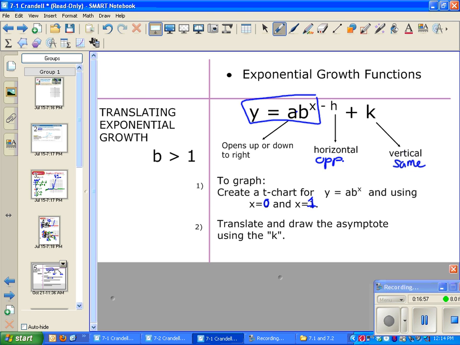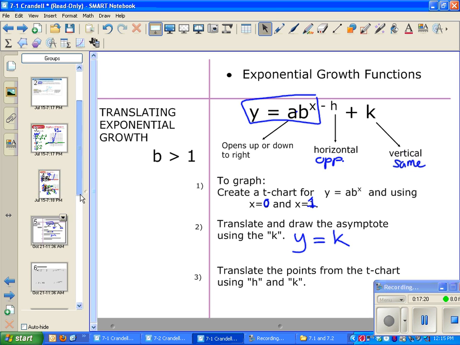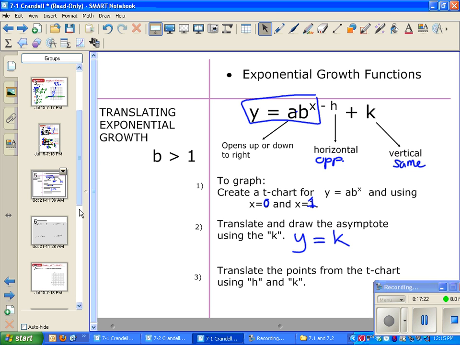So our asymptote, instead of being y equals 0, now it's y equals k. Right? And then we're going to translate the points from the t-chart using h and k. So our 2 points, we're going to translate them and then draw the graph to the line y equals k. So please take time, write this down. Very important. Okay, write it down.